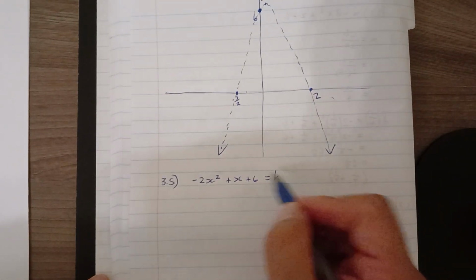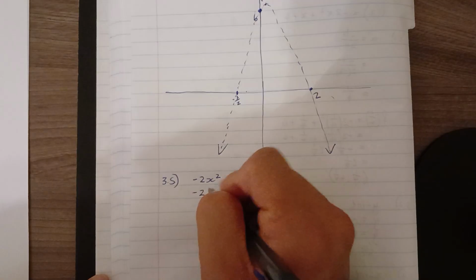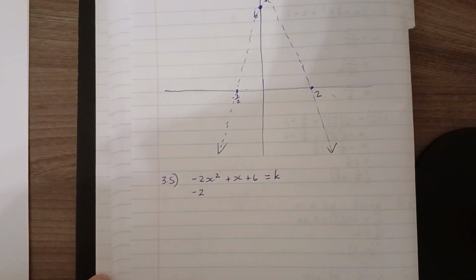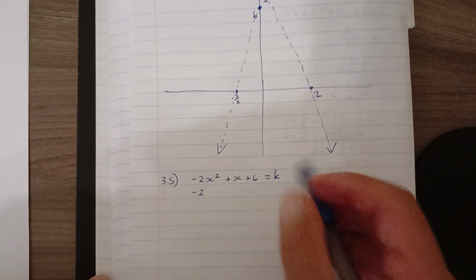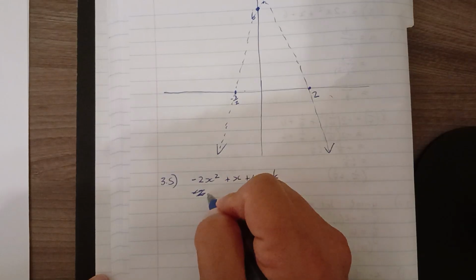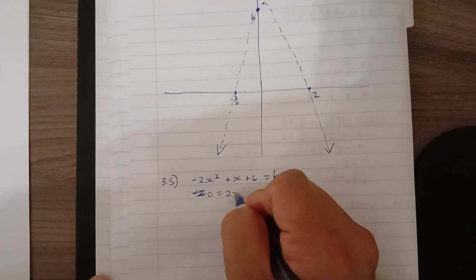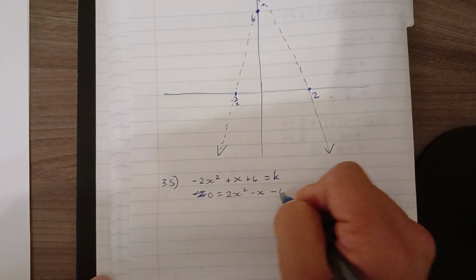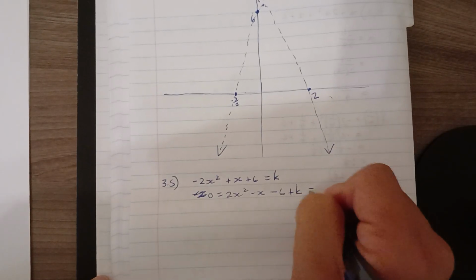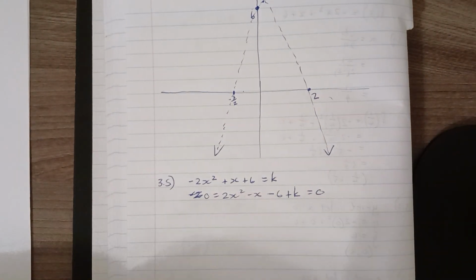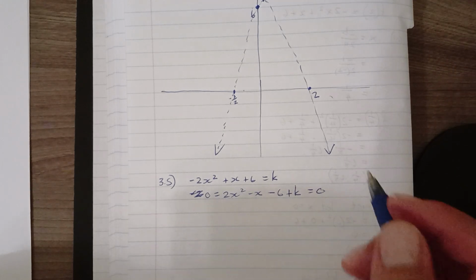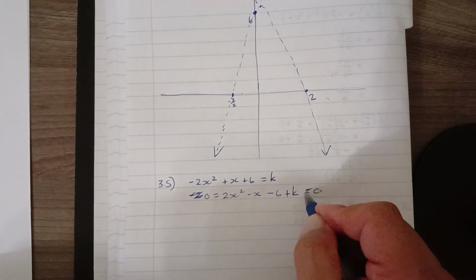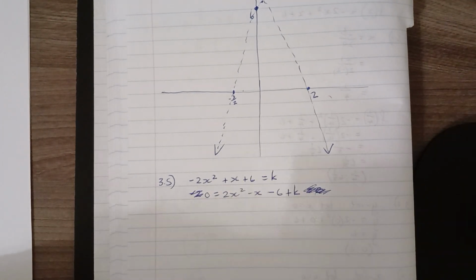Then I'm going to bring over the k, so that's going to be negative. Now, let me take everything over to the right. So 0 is equal to 2x squared minus x minus 6 plus k. Already said equal to 0.